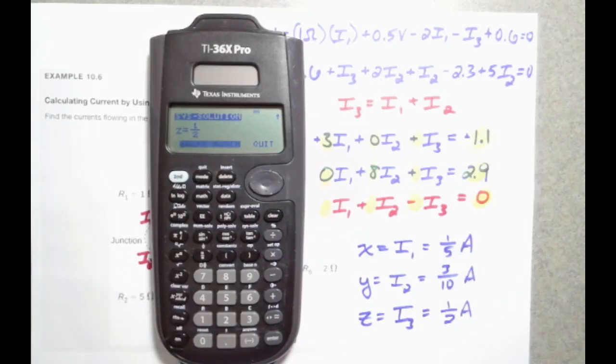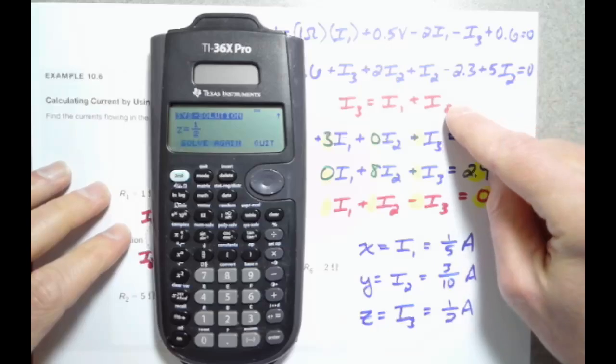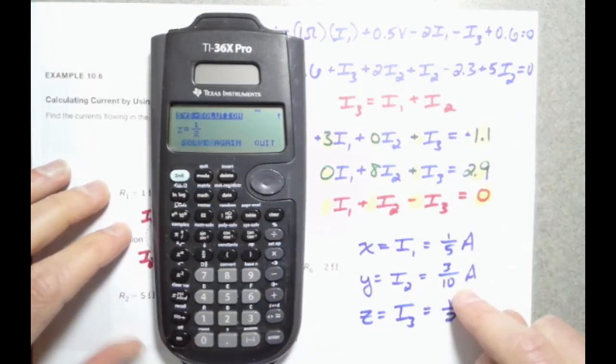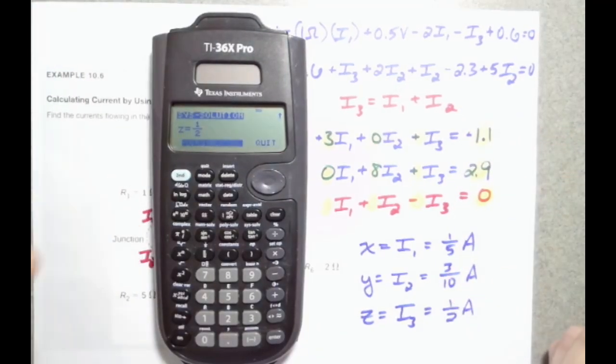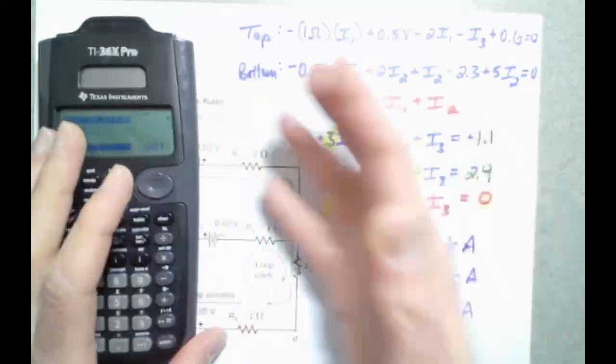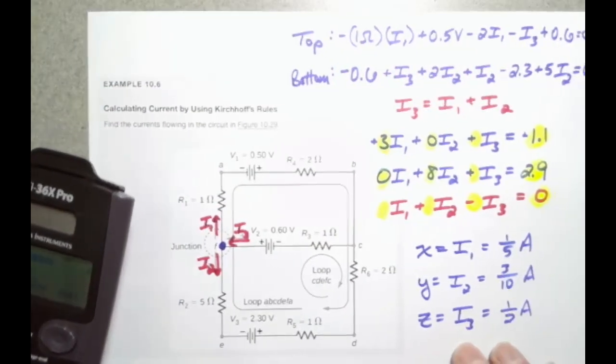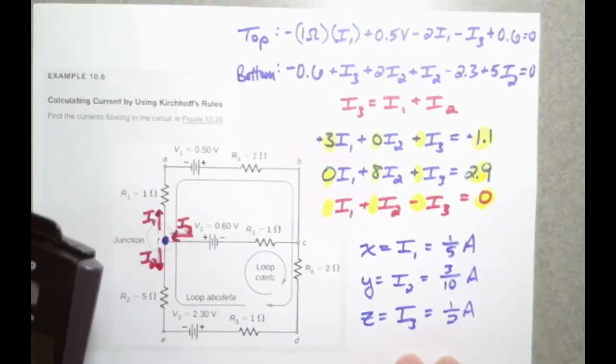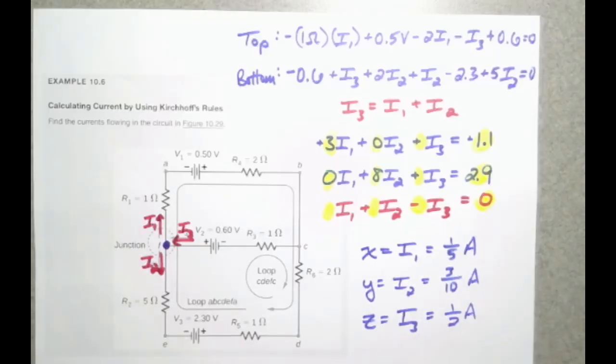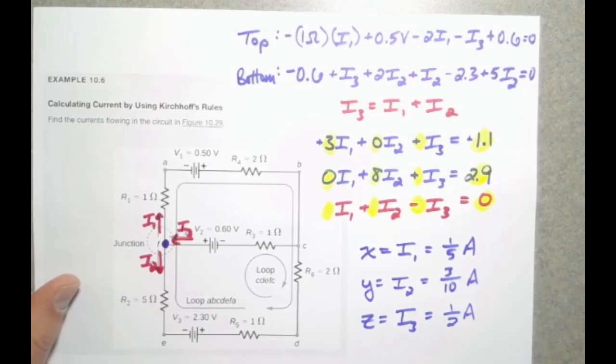I'll just look at: did you set up your equations right, and did you get the right answer? So this is sufficient for the analysis of this circuit. Okay. Any questions? You guys ready to try some?